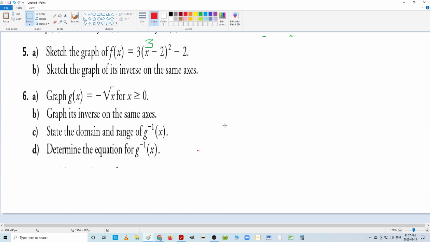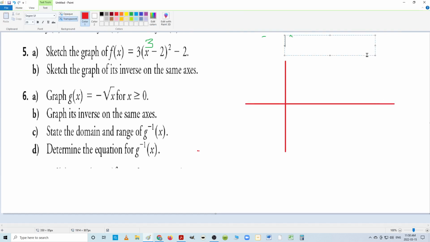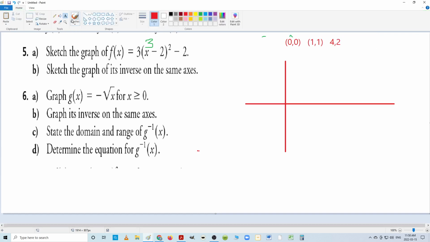Graph this. So this is a square root function. If I look at this, my knowledge of the square root function says it goes through these points: 0, 0, 1, 1, 4, 2. Like this. However, this minus multiplies all my y values by minus, which means it's actually going to go down to here.